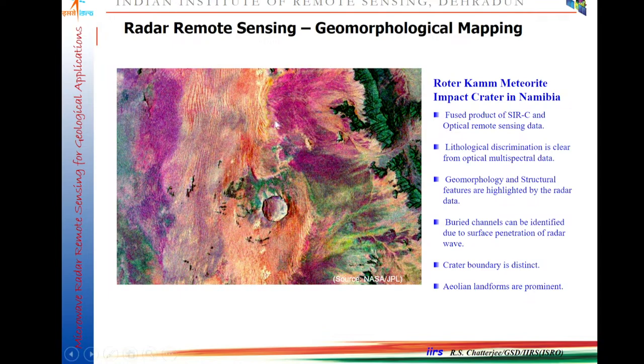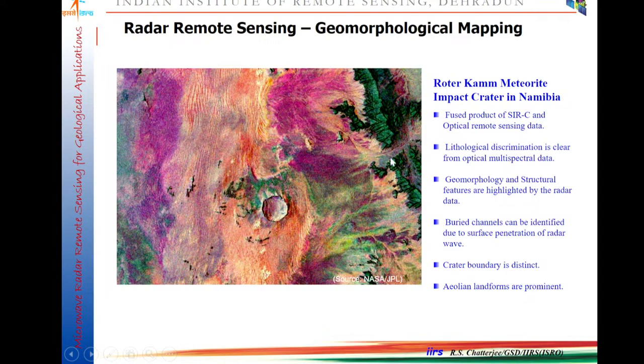See here, we have the color or spectral information from the optical spectral bands. So one FCC has been fused with a radar image, then what happens here? The geometry of the land surface, that means geomorphological features, are getting highlighted, isn't it?